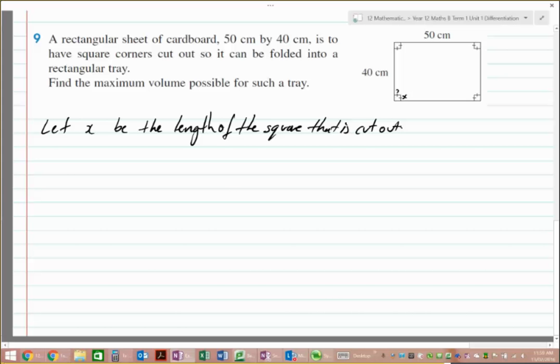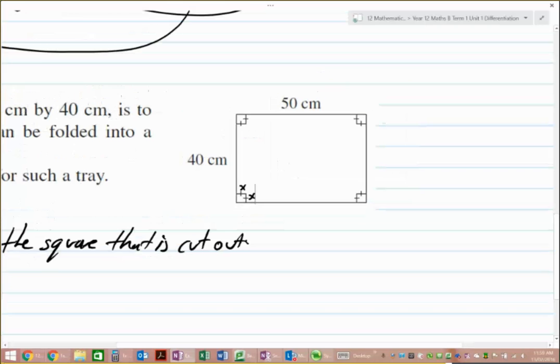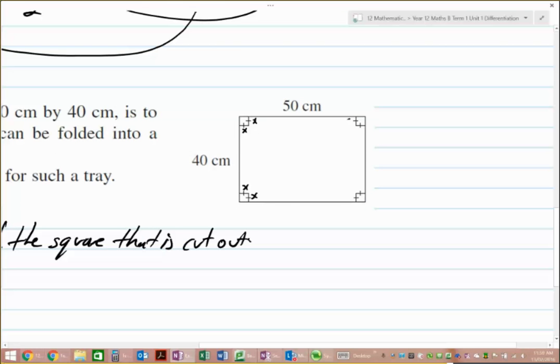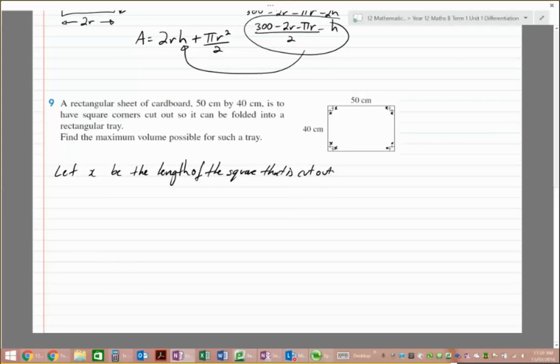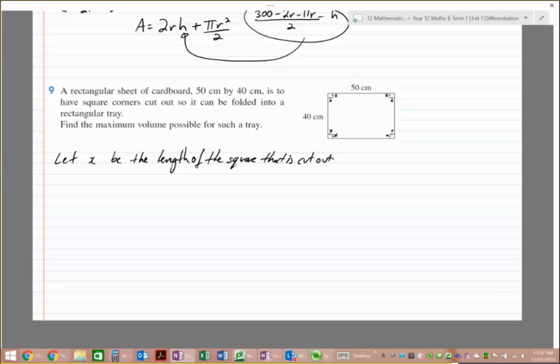Okay, so all of these little dimensions are X, because that's the thing that we can really vary. Alright, and I'm just going to let V be the volume of the tray.